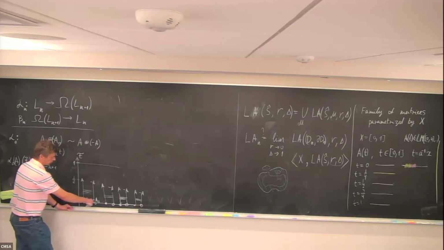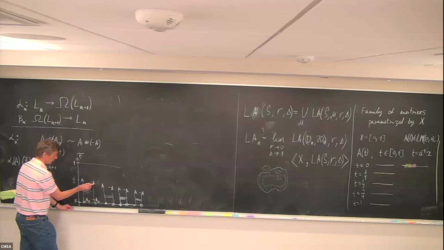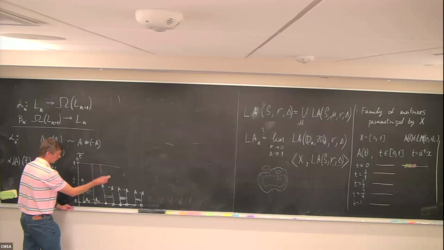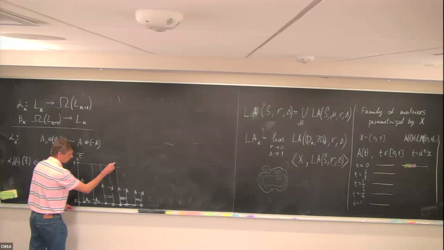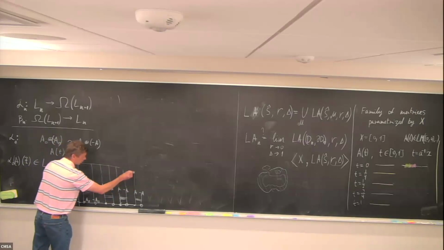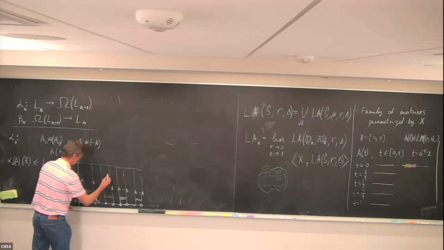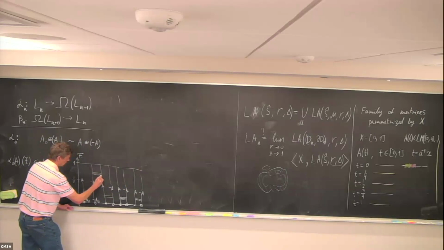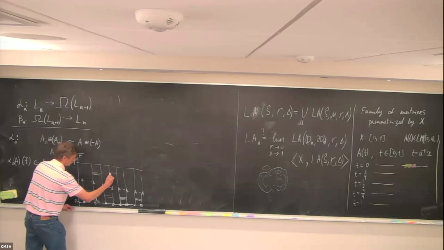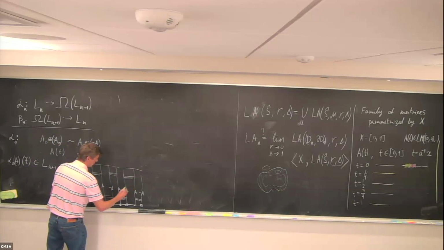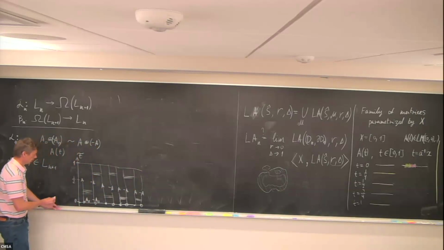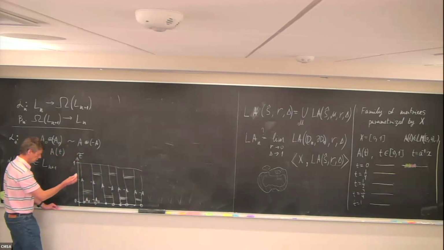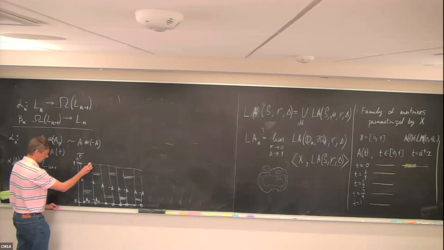And then we go back to A0 and minus A0, but we do it in alternating order.